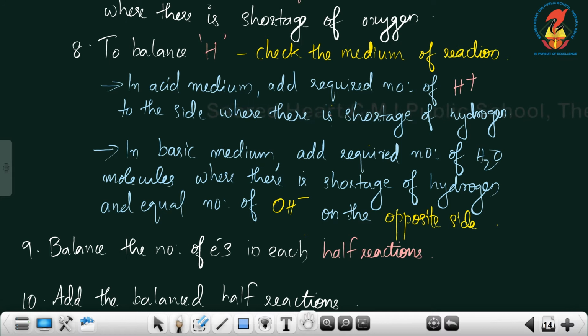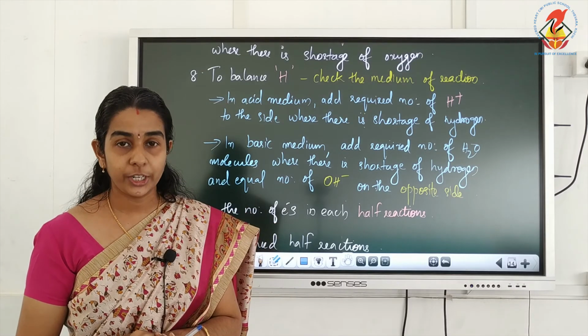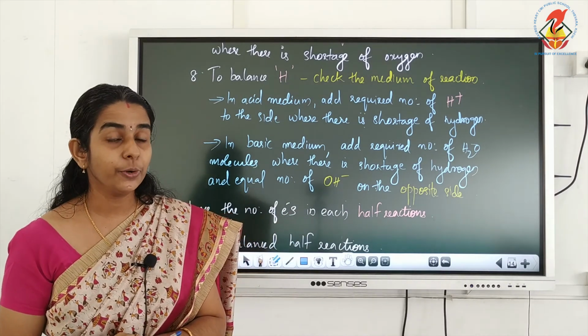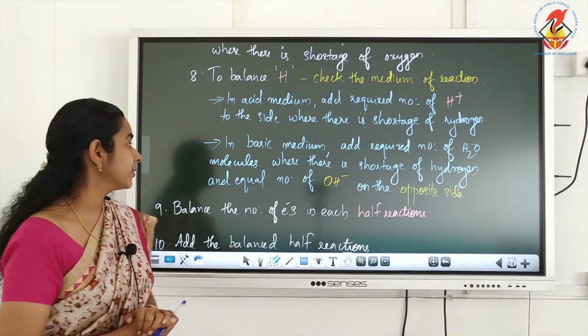On whichever side there is a shortage of hydrogen, add an equal number of water molecules. At the same time, in the opposite side we have to add an equal number of OH- ions.